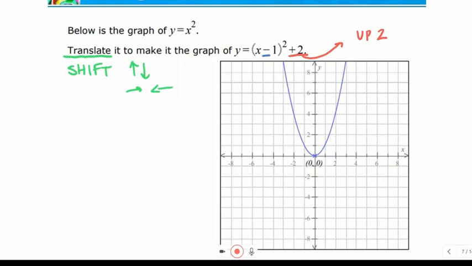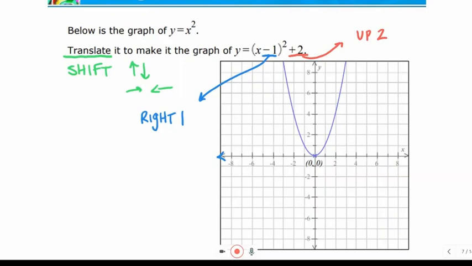This minus 1 inside tells us we have to shift, it's horizontal, so you're going to go opposite of what you're thinking. We're going to move right 1 unit. Minus makes you think left, because that's where the negative numbers are on the x-axis, but we're actually moving right.